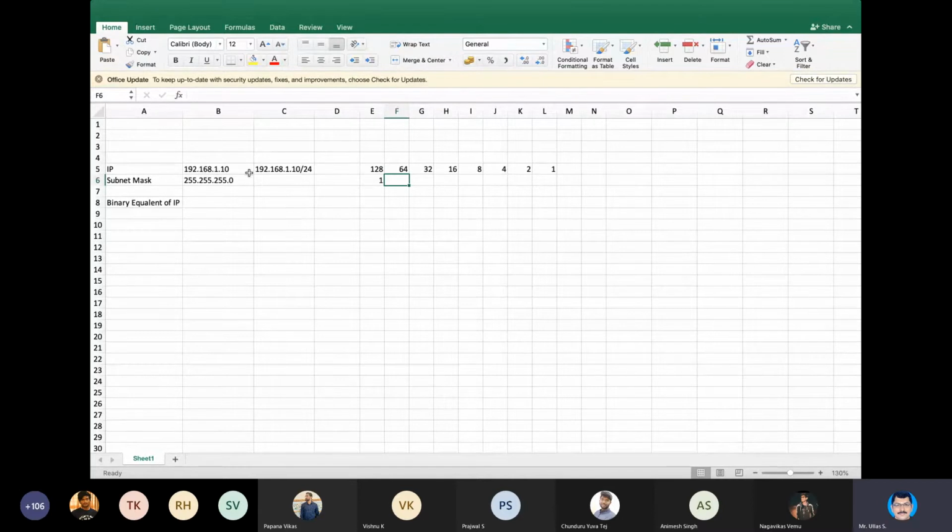By putting 1 in 128, I have removed 128 in a way. So now how much is left out? 64. 64 is left out. I'll put 1 in 64 now. Now my number has become 0 itself. So I'll put 0.